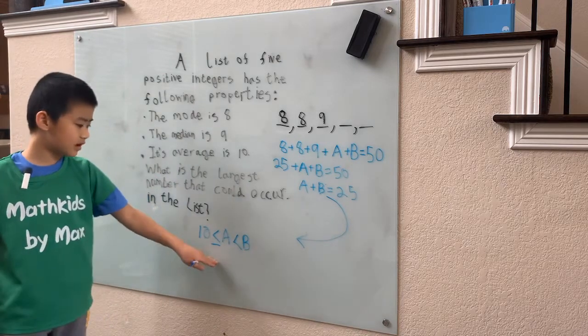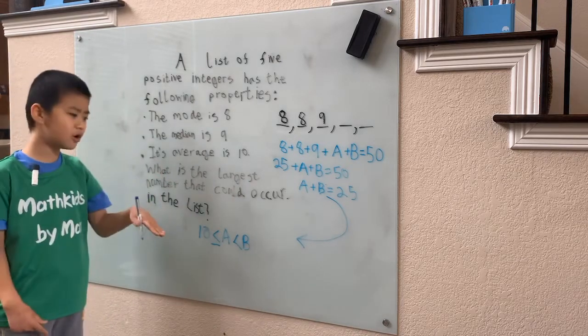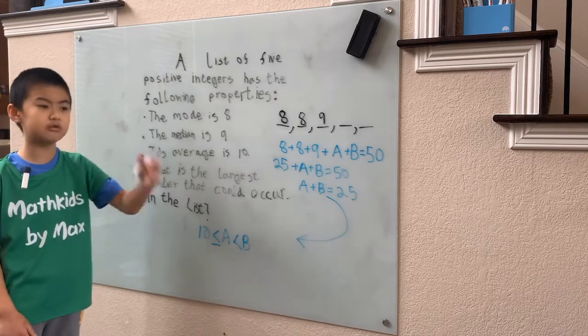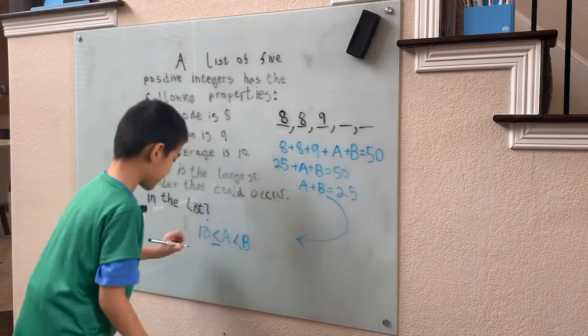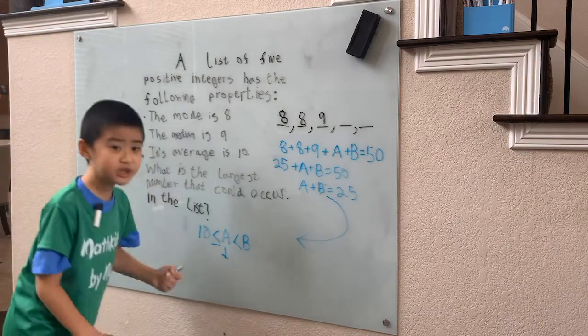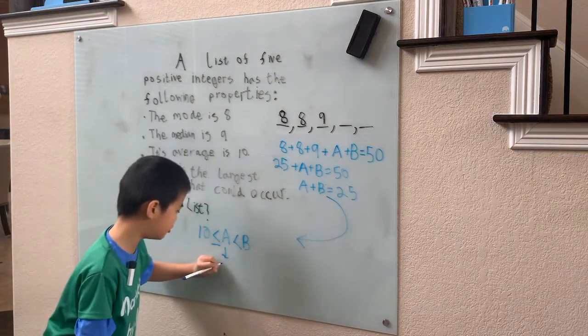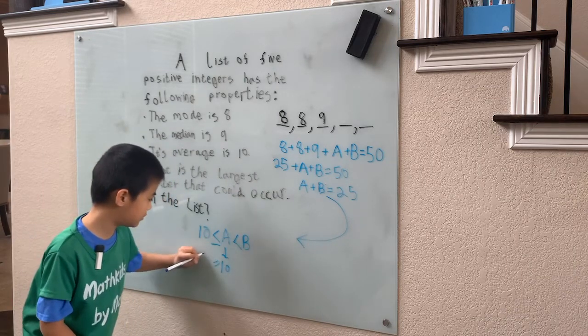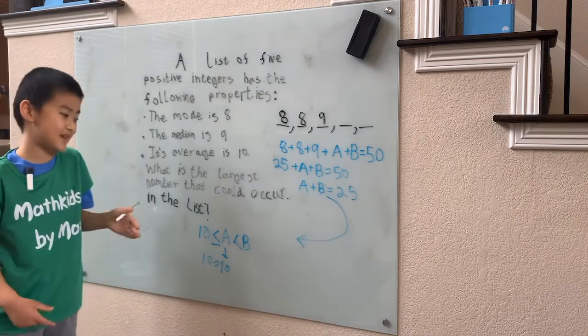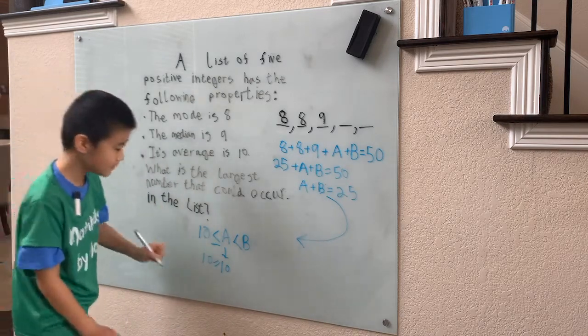A has to be equal or larger than 10, and that's the smallest. So A can be equal to 10. It can't be smaller than 10.